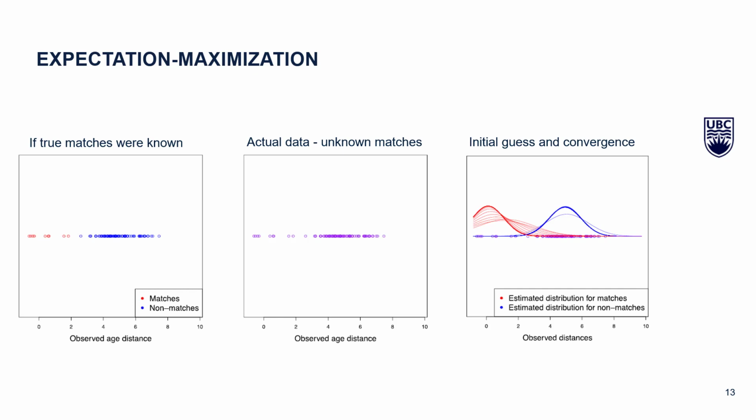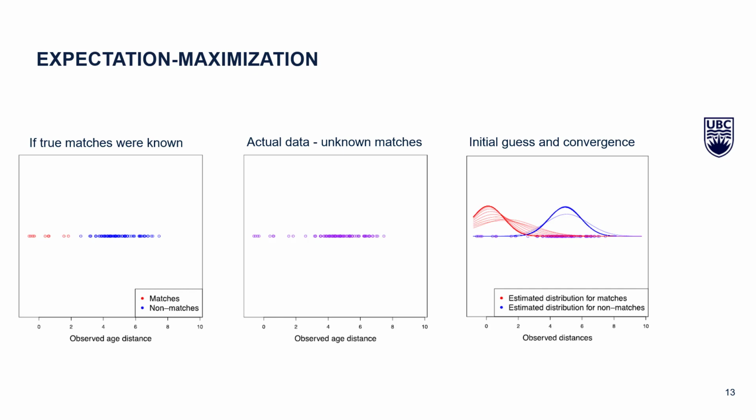We can see in that first figure that the matches are colored in red and the non-matches are colored in blue. But the problem is, we actually wouldn't know if these observations were matches or non-matches. So in the second figure, the data points are all colored the same color, purple, because we didn't know which group they should belong to.